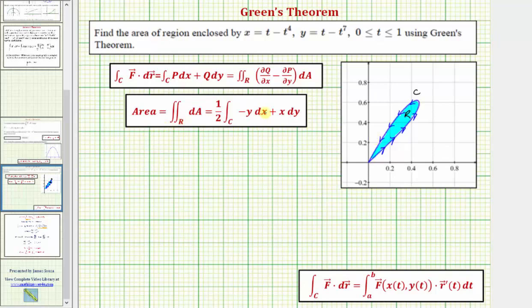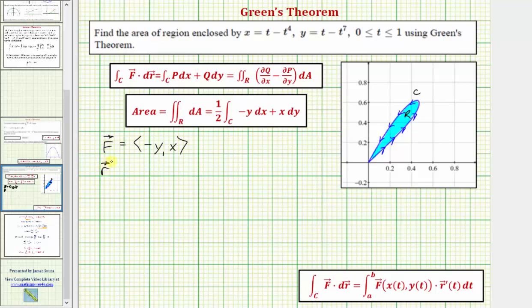Before we set up our line integral though, let's go ahead and write down the vector field F. It would have an x component of negative y and a y component of x. Let's also write the curve given by the parametric equations as a vector valued function r of t.